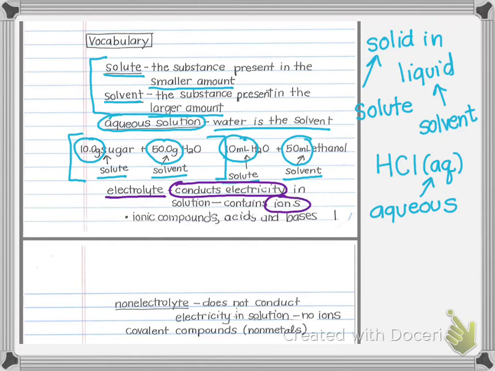So when some solutions are made, some of the compounds dissociate, or fall apart, into ions, or they can ionize, which means they react to form ions. And once they form ions, the electricity can travel on those ions, and so then it conducts electricity. Things that will do this are ionic compounds, because ionic compounds dissociate into their ions. Remember, dissociate just means they kind of fall apart.